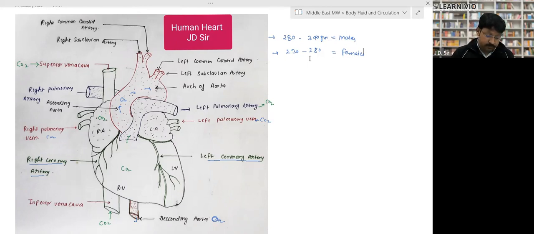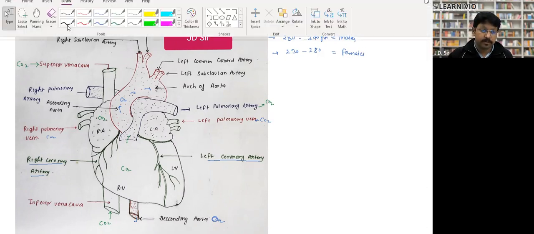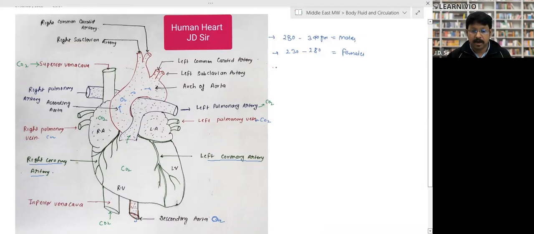Pericardium is a protective covering. Full stop. It is a two-layered structure.